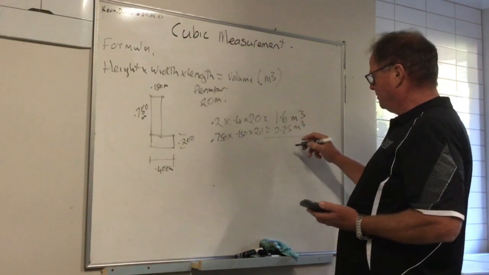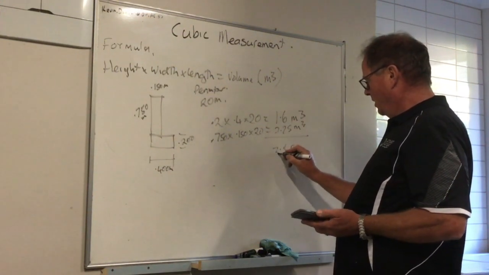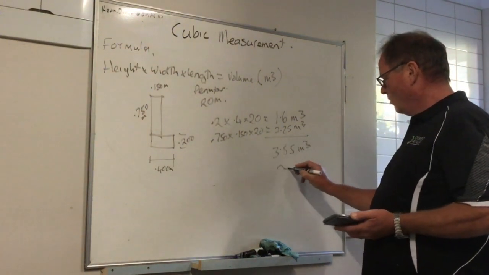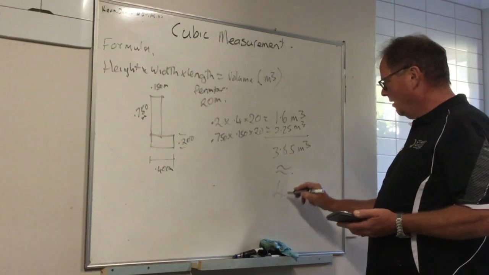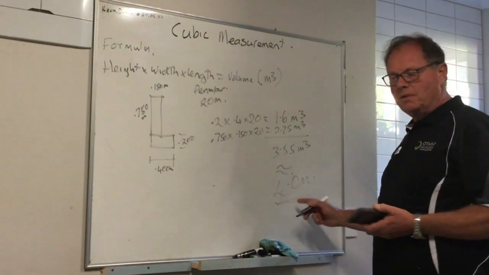We add them up, we're going to have 3.85 metres cubed, in which case you'd probably round that up and order 4 metres. Alright, that's how much concrete it will be.